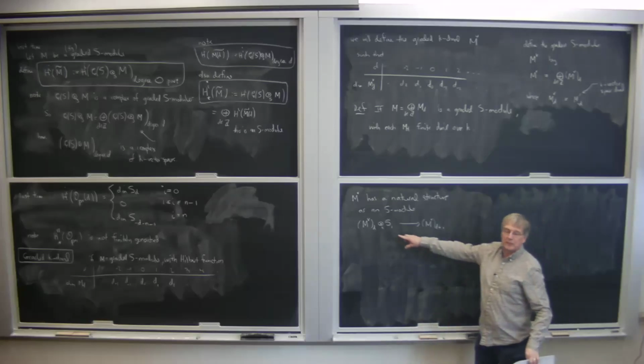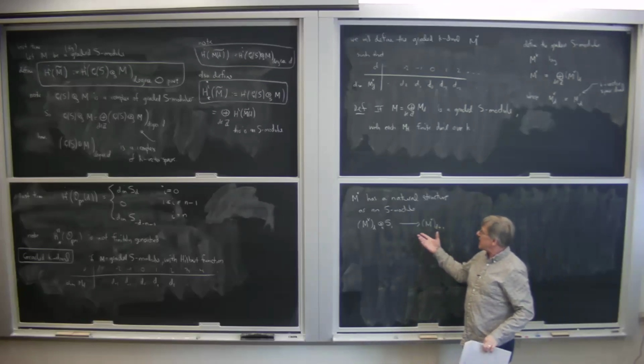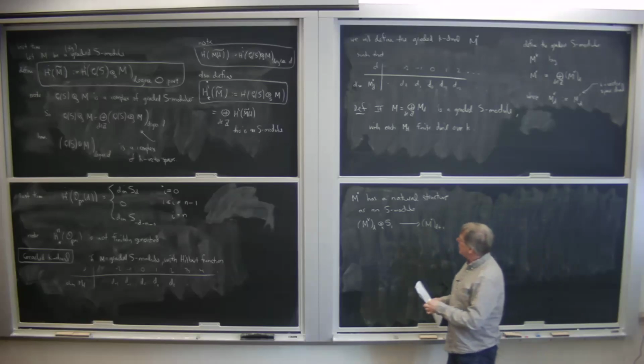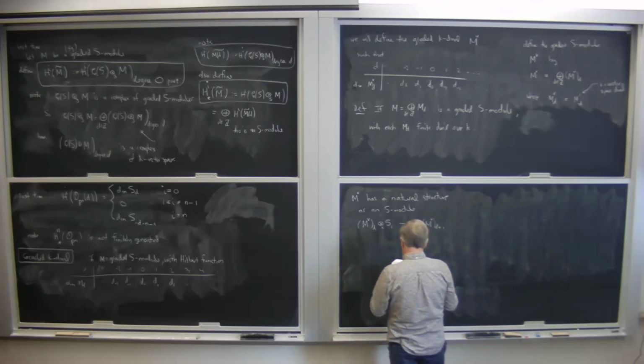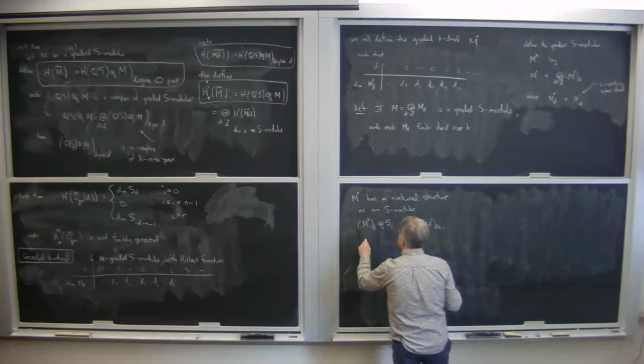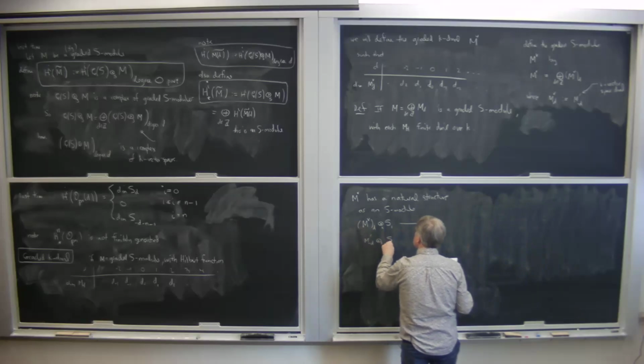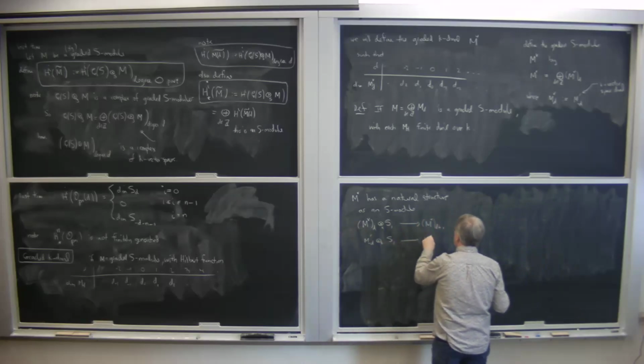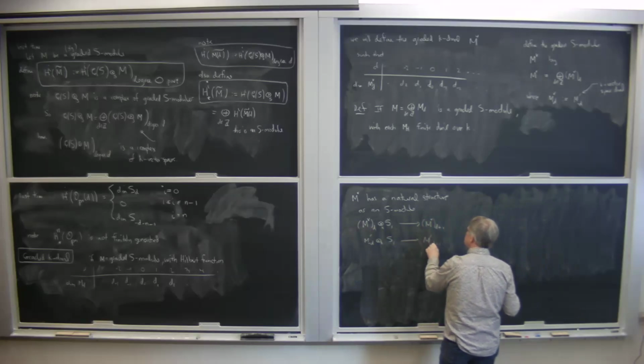Okay, so this is the multiplication map, really. So we have to say where this comes from. Well, if you think about it, what is this map? So this is one way to think about this. First of all, this is M prime in degree negative D. And then this is going to be M prime in degree negative D minus 1.